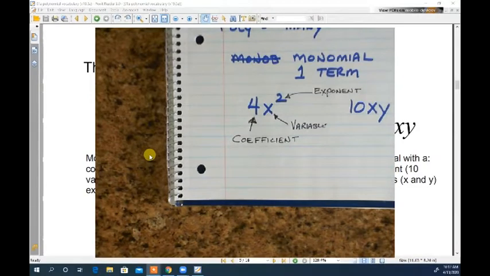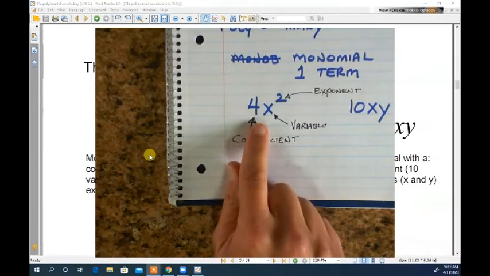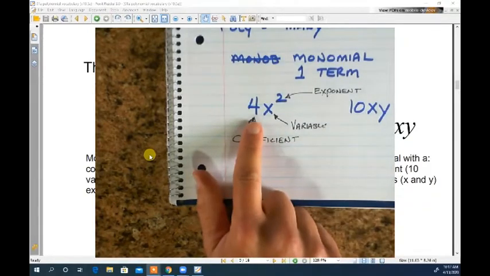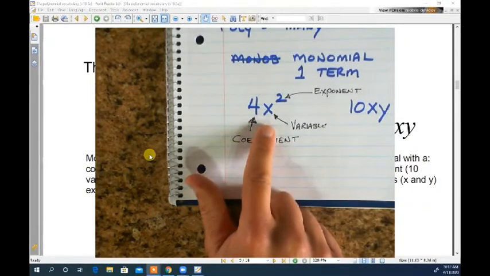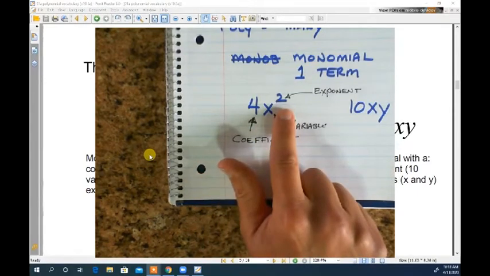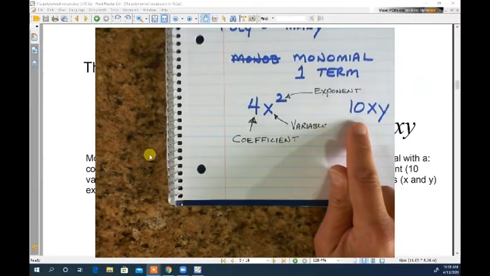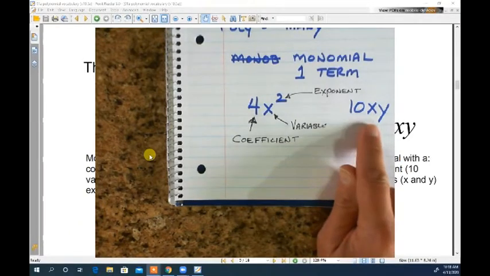So our monomial, this is a monomial. This is a monomial. The coefficient is 4. The variable is x, and the exponent is 2. And right here, the coefficient is 10, and the variables are x and y.